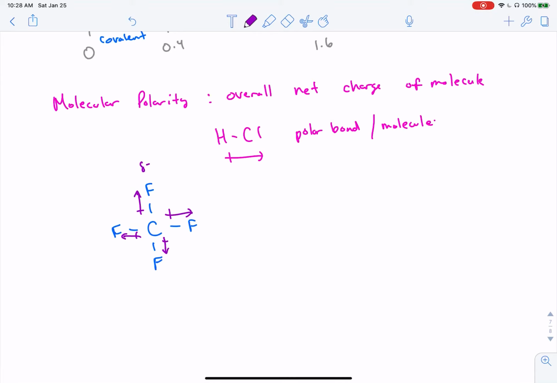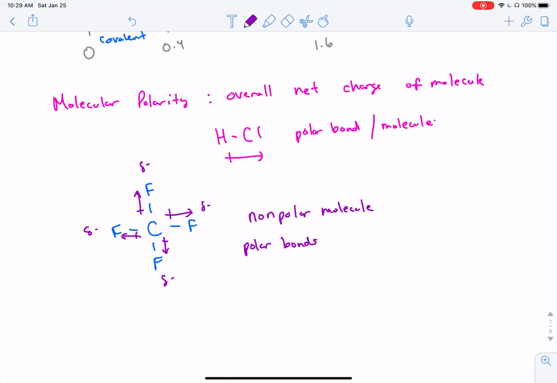So this is slightly negative, and this is slightly negative, this is slightly negative, and this is slightly negative. But they're all the same slightly negative. So does the outside of the molecule have any net difference in charge? No. They all cancel each other out, right? So this is a non-polar molecule, but it has polar bonds.